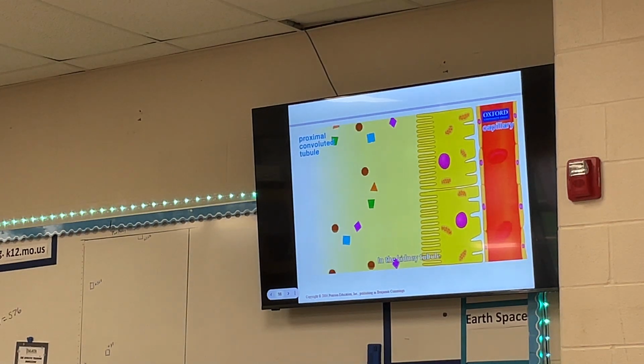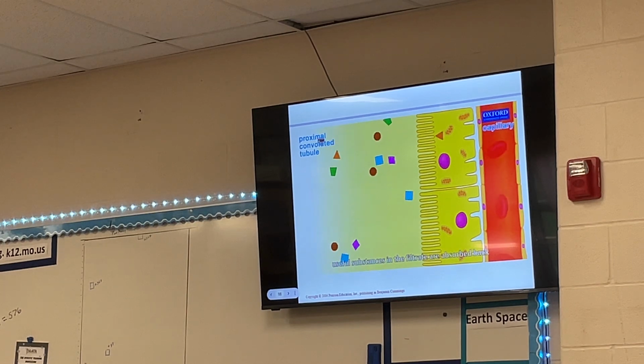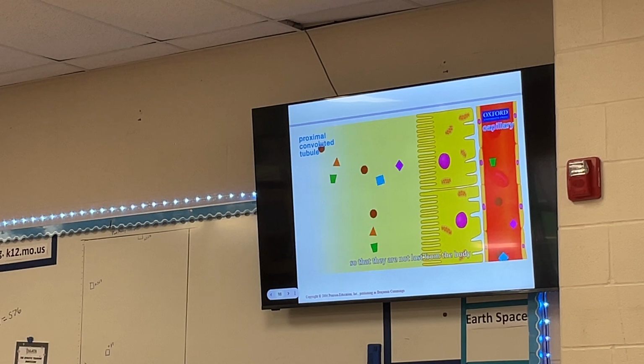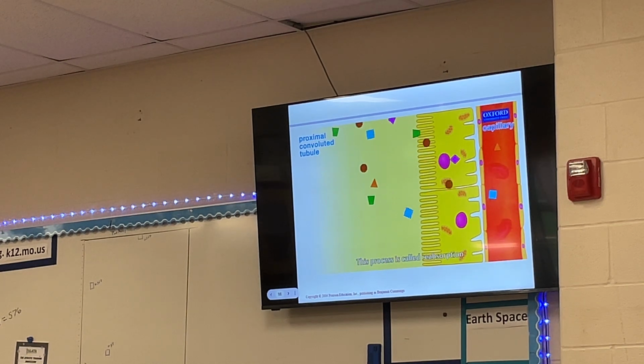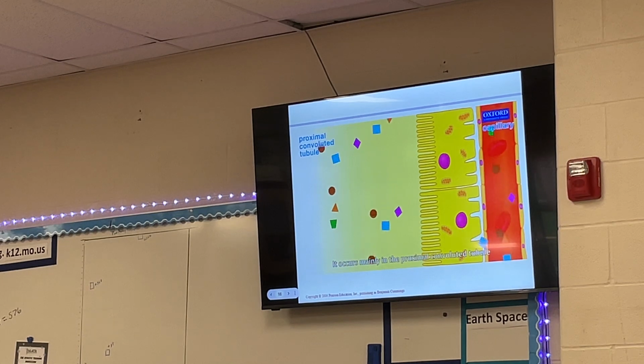In the kidney tubule, useful substances in the filtrate are absorbed back into the surrounding capillaries so that they are not lost from the body. This process is called reabsorption. It occurs mainly in the proximal convoluted tubule.